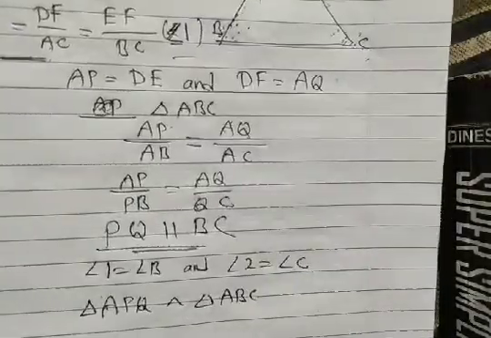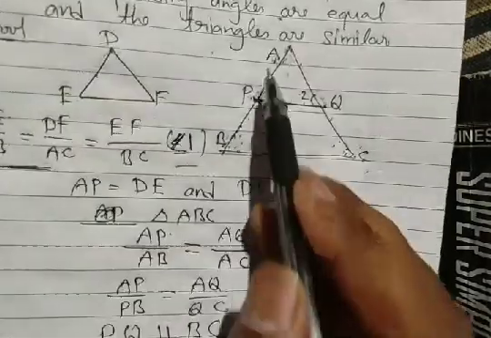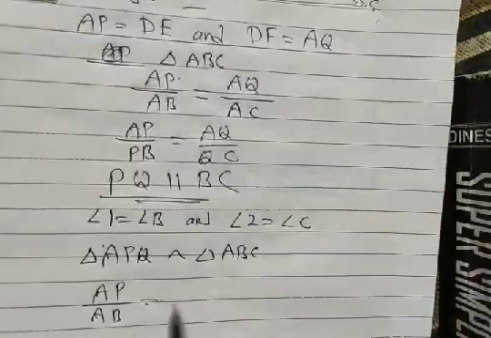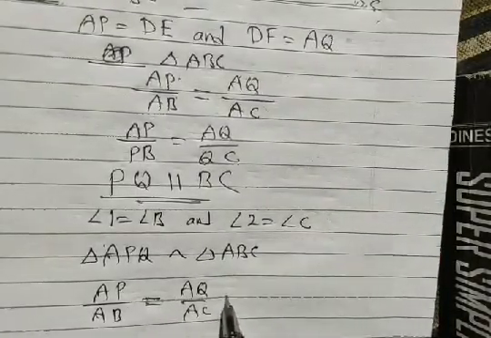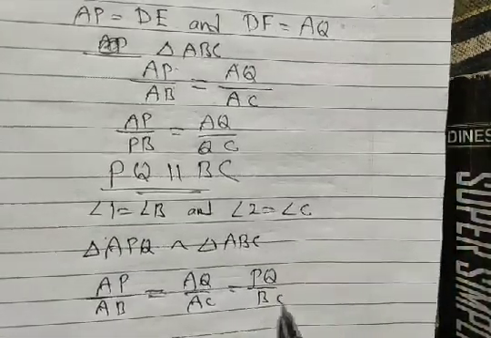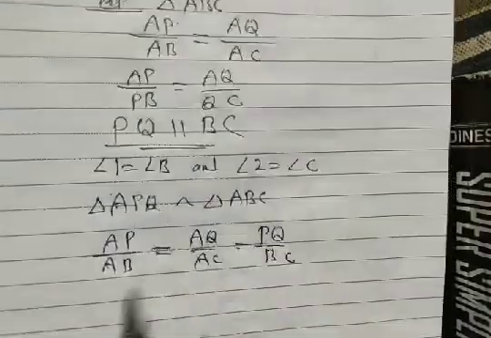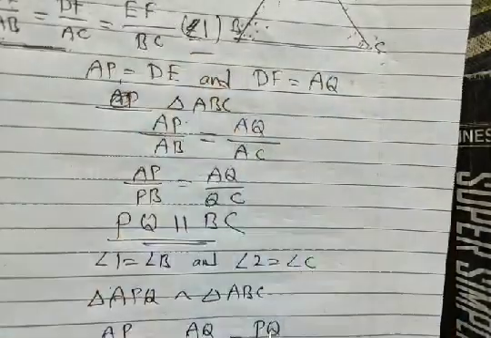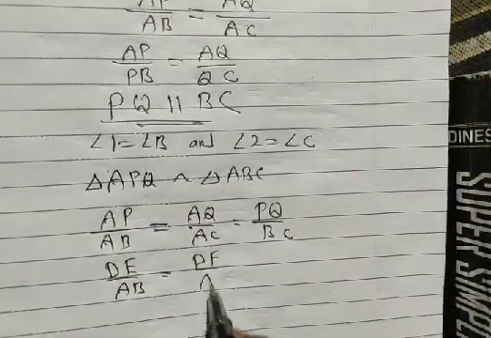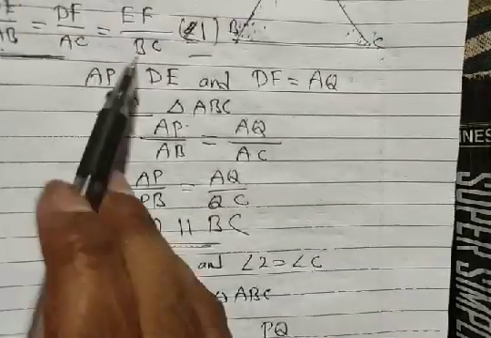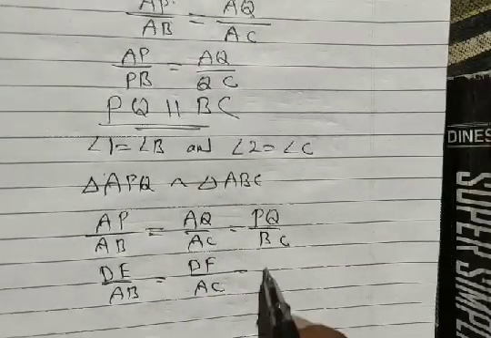Then we have AP upon AB, taking the whole part, is equal to AQ upon AC is equal to PQ upon BC. But our AP is equal to DE, so DE by AB, and also our AQ is equal to DF, so DF by AC, is equal to EF by BC, the third one.